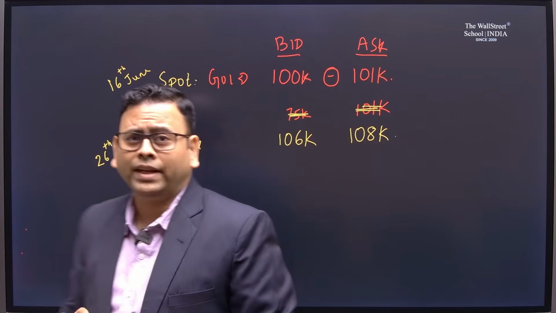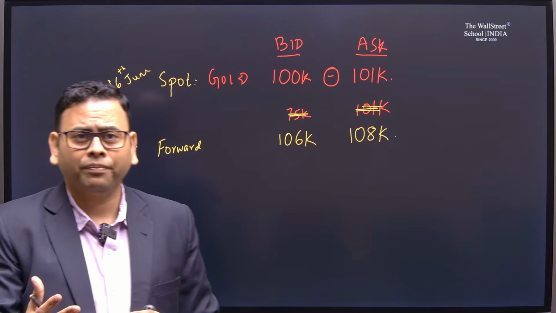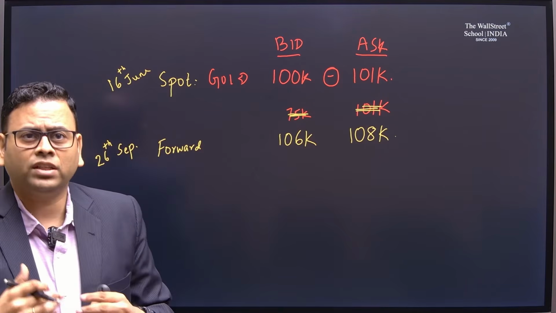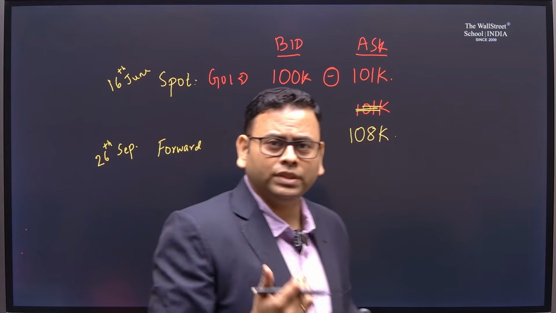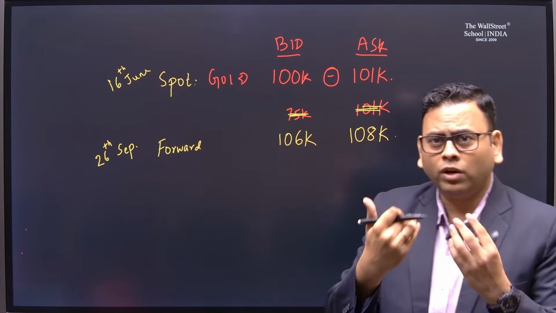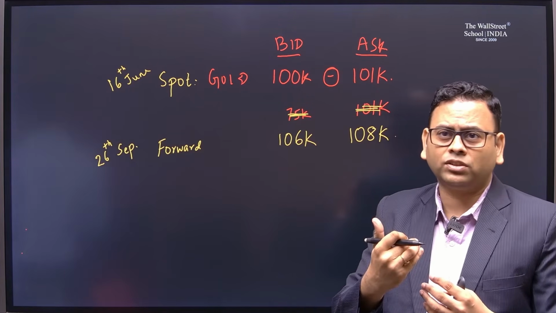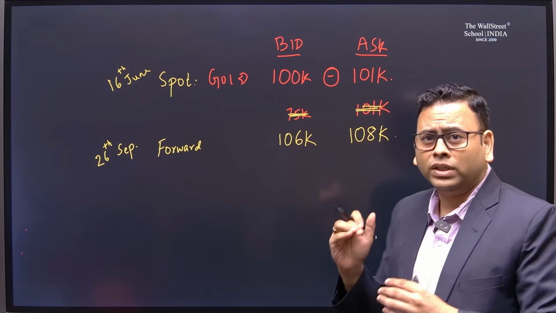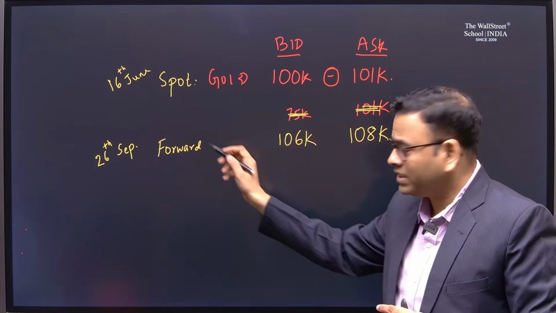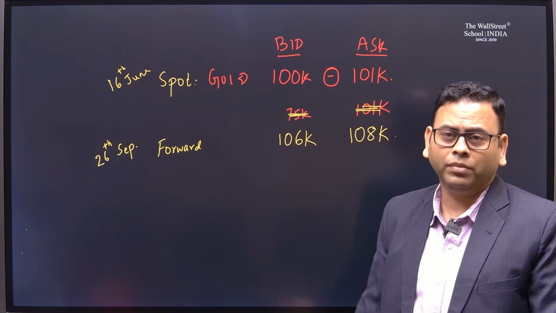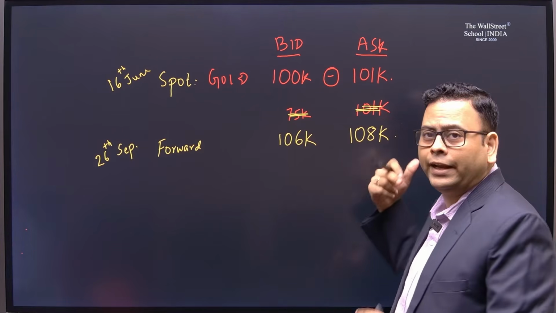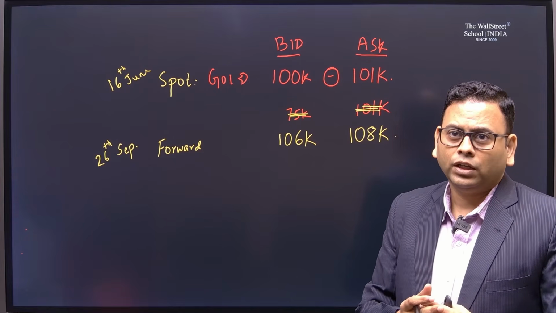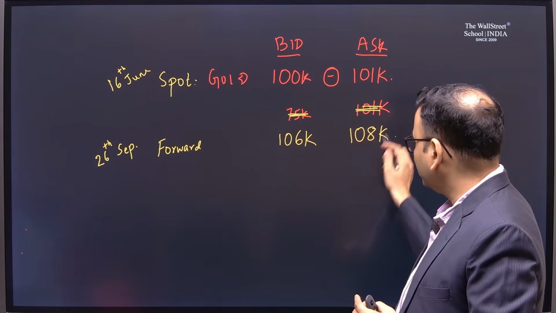So does it mean that I have to pay 108,000 today and then get gold after 3 months? No. It's a contract between two parties, which means that it's a verbal contract. So you fix this contract at 108,000, and that would mean that once you want to settle it on 26th of September, then you will pay 108,000 and get 10 grams of gold, right.